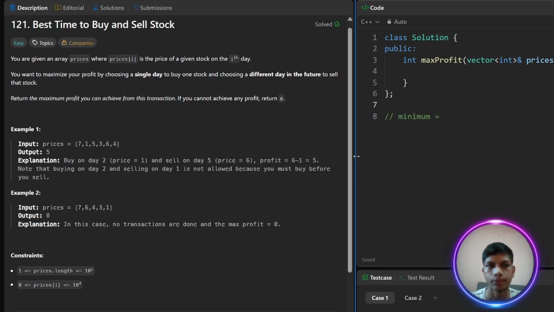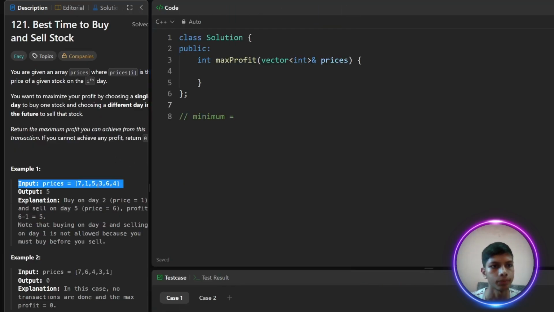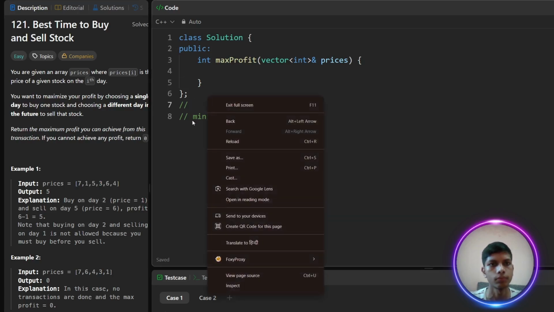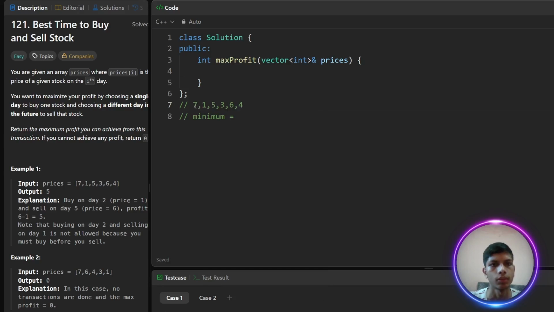So this is the example, but I will remove one from here and I will put my one here. So what will happen? I will put my minimum at 7, and I will make my profit here.